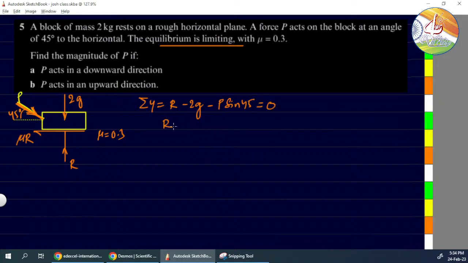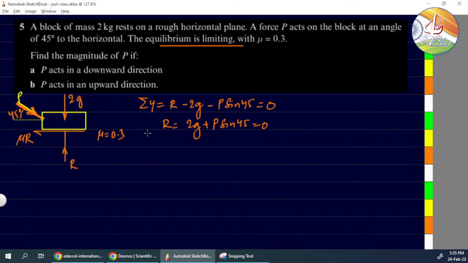Then r value, find it. r equals 2g plus P value is given? No. So P, keep it as it is. 2g is downwards, r is upwards. This is what we have taken. So this is P sine 45 equal to 0, correct?